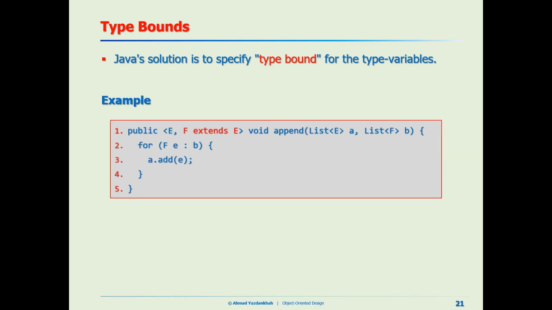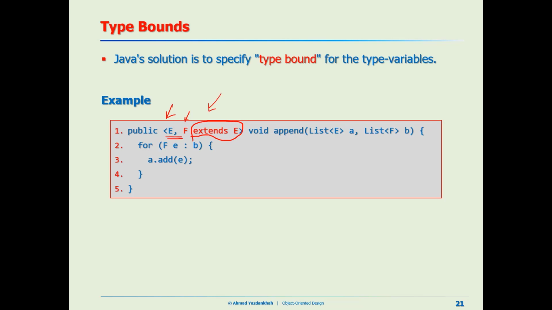That's where the type bound comes in. We can bound the type variables like this. Look at this. We can say, all right, I have E here, I have F here, but F extends E. Fantastic.